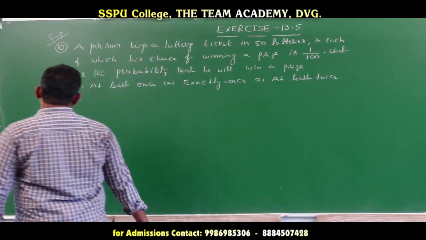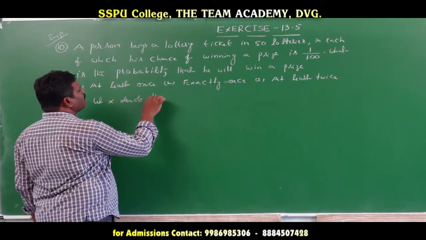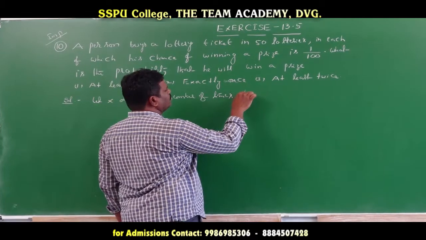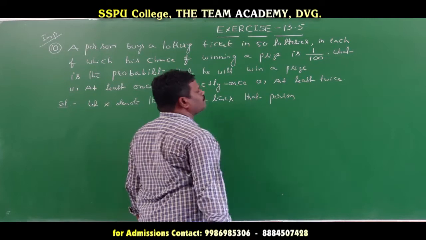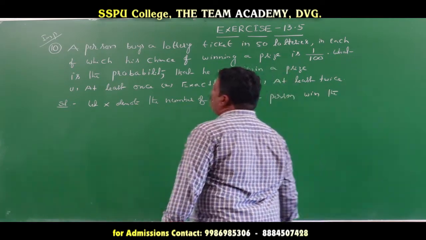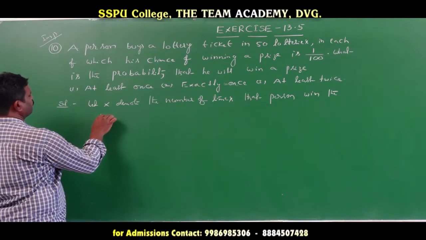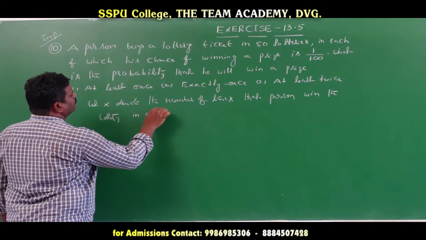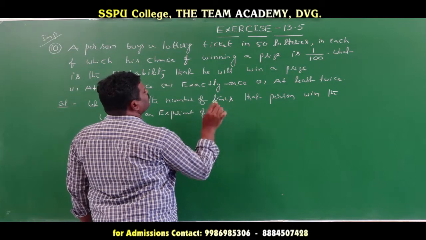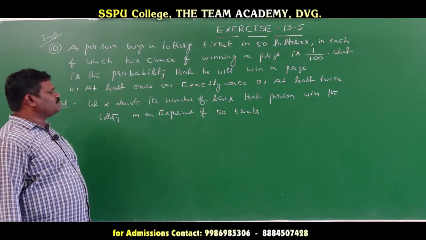Okay? So first, let X denote or represent the number of times that a person wins the lottery in an experiment of 50 trials. So X represents the number of times that a person wins the lottery in an experiment of 50 trials.